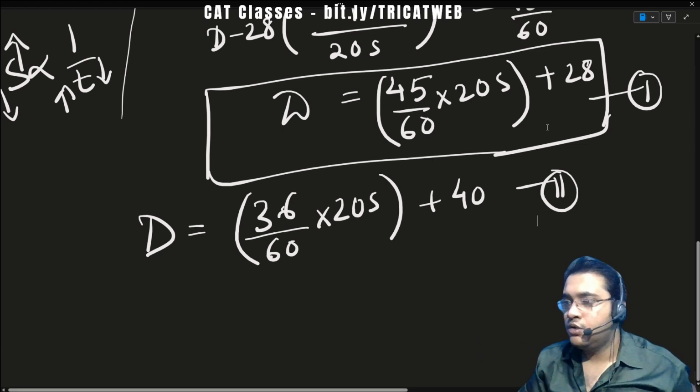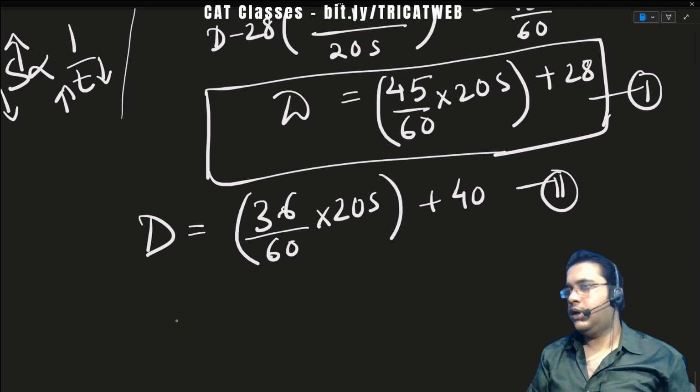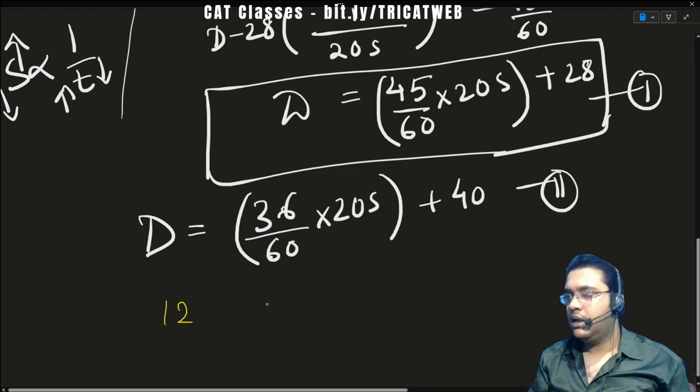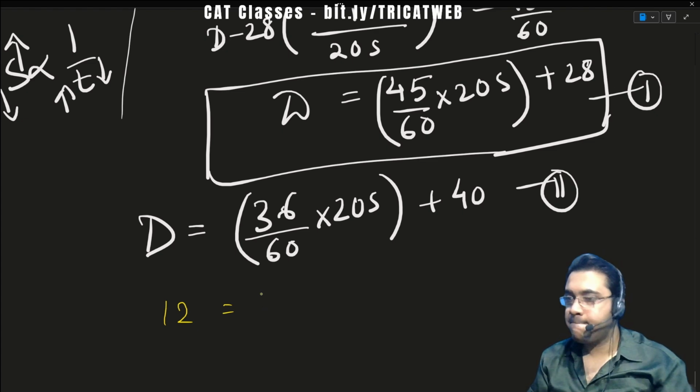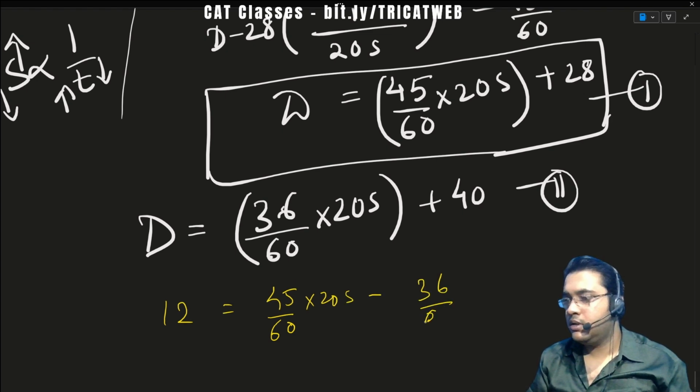So I will try to do this a little mentally. Let's see if you can catch it. This is going to be 40 minus 28, that is 12, and this part is going to be 45 upon 60 into 20s minus 36 upon 60 into 20s.